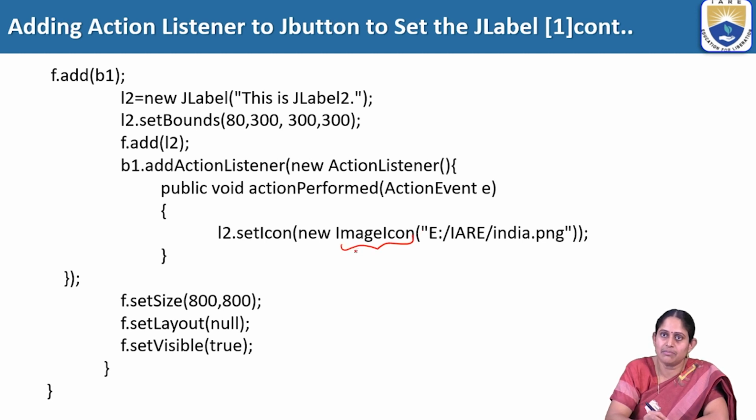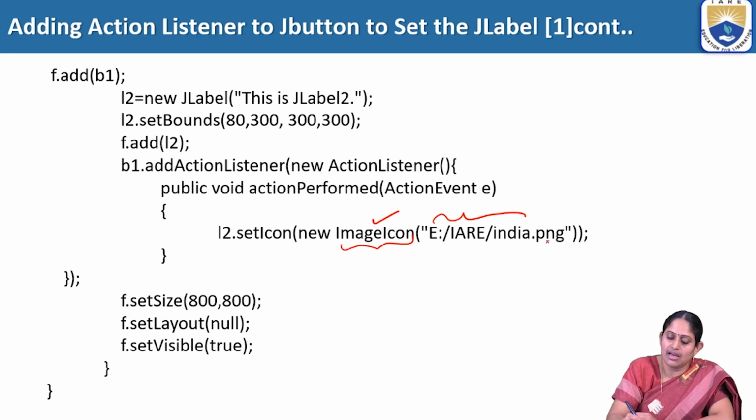So this ImageIcon will convert the URL of the image passed to it to an image icon here in our program. So here to the ImageIcon class, we are passing the address of that image. So I have downloaded an image of the Indian flag and it is at the location given by this.